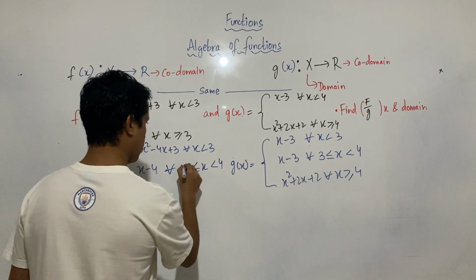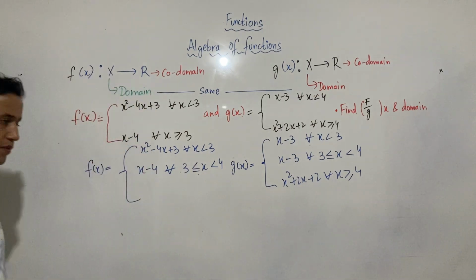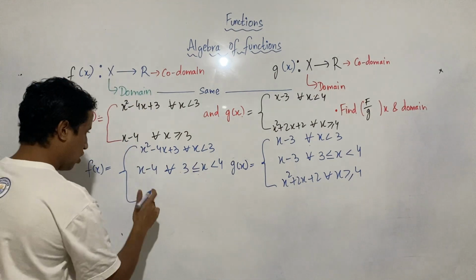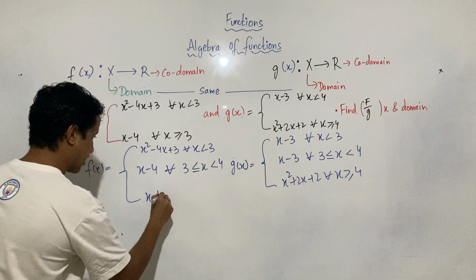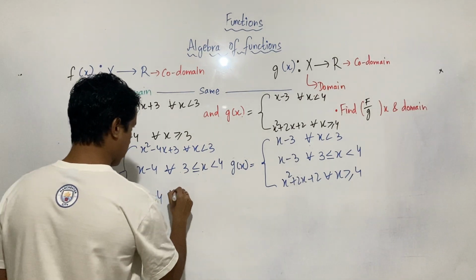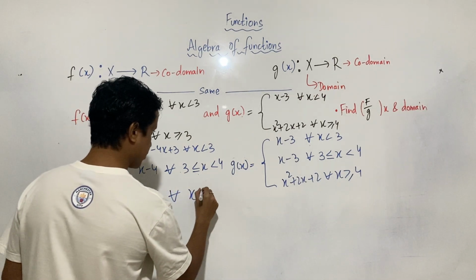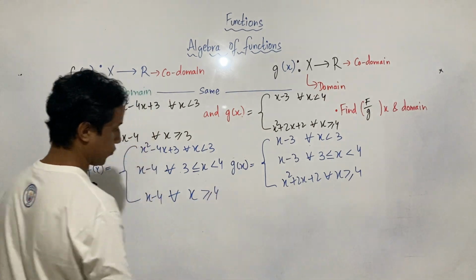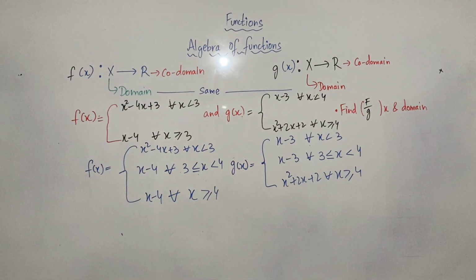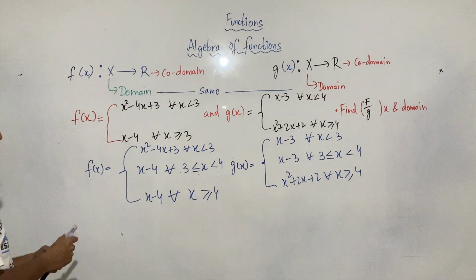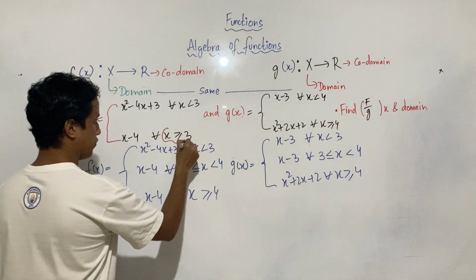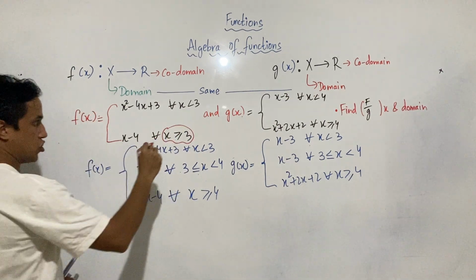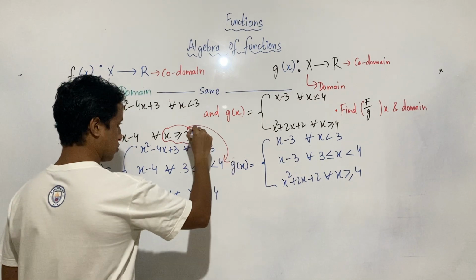And also it's going to be x minus 4 for all x greater than or equal to 4. I did nothing, I just broke this chunk of domain into these two parts.